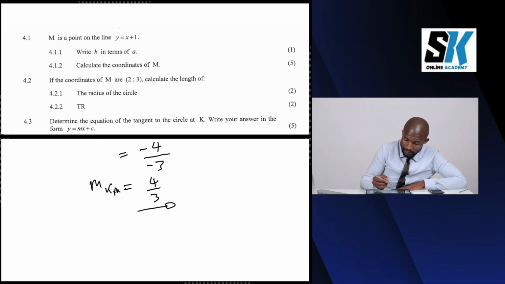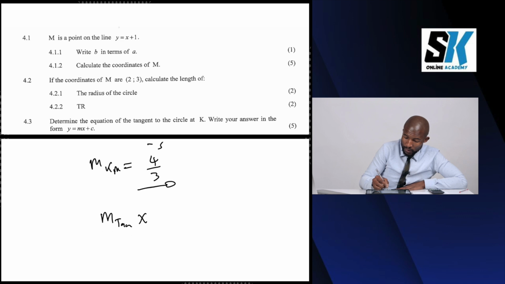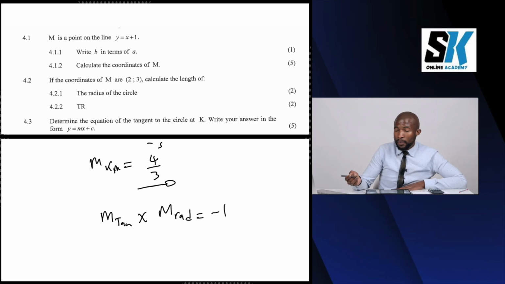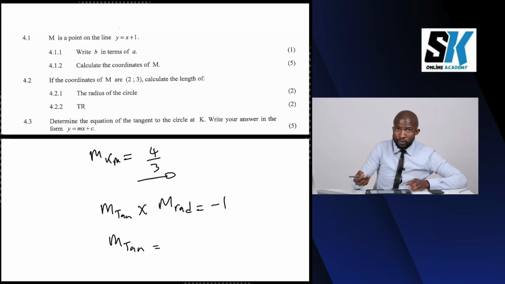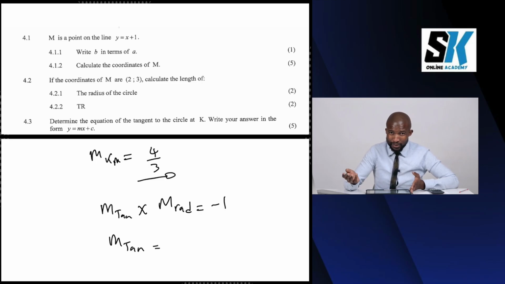Now, we know that the gradient of the tangent, when you multiply it with the gradient of your radius, you get negative 1, since KM is perpendicular to the tangent. A simpler way to get this, I usually say to my students: 4 over 3, it's a positive gradient.